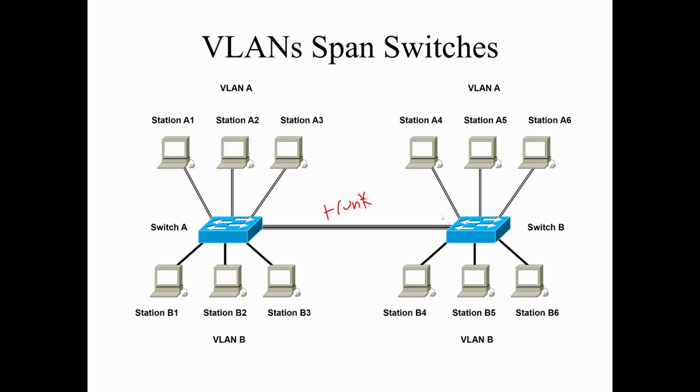The important part here is VLAN A will not be allowed to talk to VLAN B unless you have a layer 3 device. Again, the network layer deals with interconnections, or inter-network communications, meaning if they're on different networks, you have to have a layer 3 device.